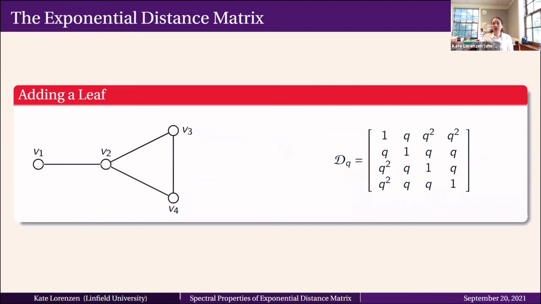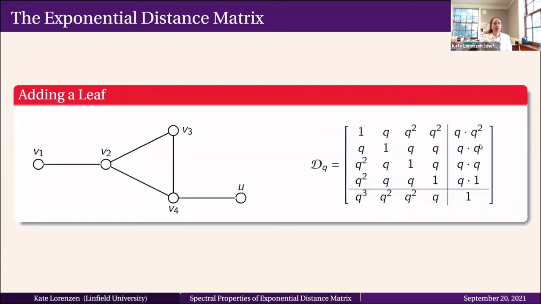All right, so the part that I like about working with this matrix, and I think what makes it different from other matrices out there, is really demonstrated when we try to add a leaf to this graph. So if I want to add a leaf to this graph, what is going to happen to my matrix?